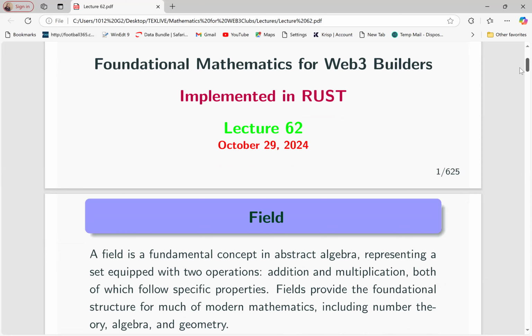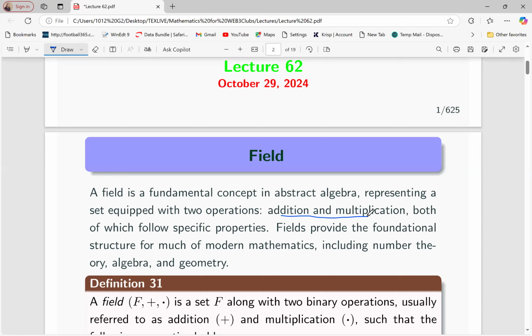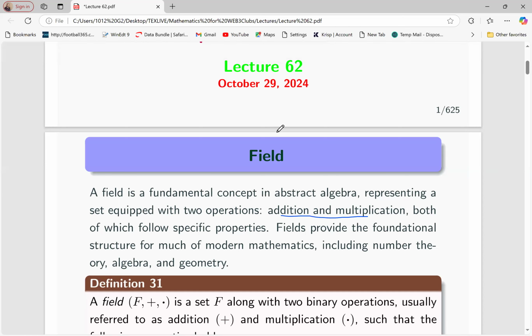So I've said that a field is a very important concept in abstract algebra, and it represents a set that is equipped with two binary operations. The binary operations would be addition and multiplication. So this set would be equipped with both operations.